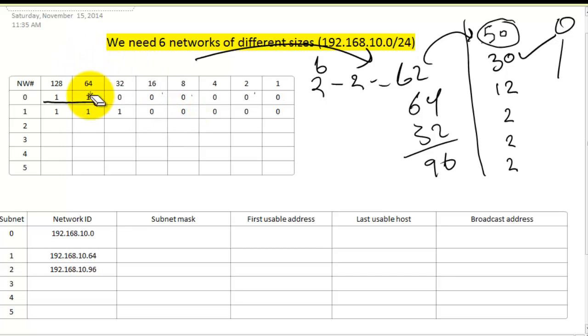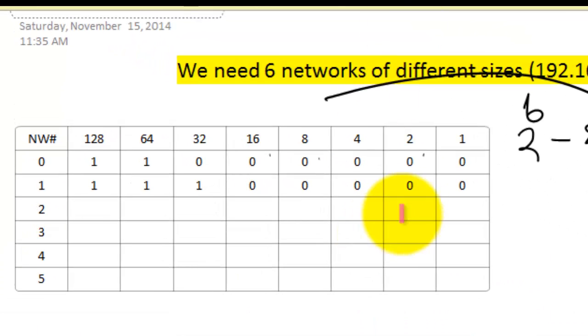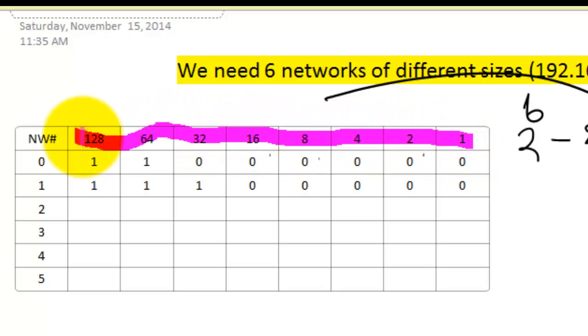Okay, so let me just clear this one, and we will start again for the next subnet mask. So we have 12. The next one is 12, this one. So which one here is closer to but not less than 12, right? Not less than 12. 8 is less. 16 is okay, even though when we do 16 minus 2 is 14, which is enough.